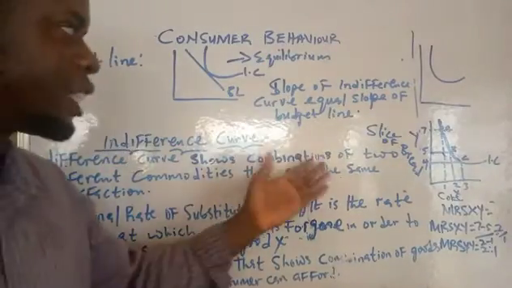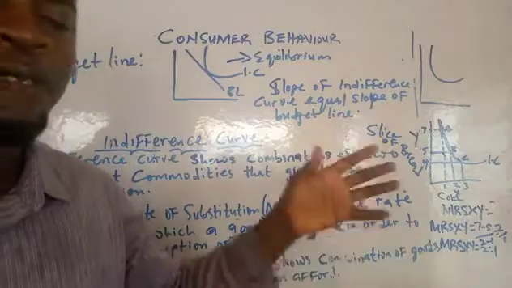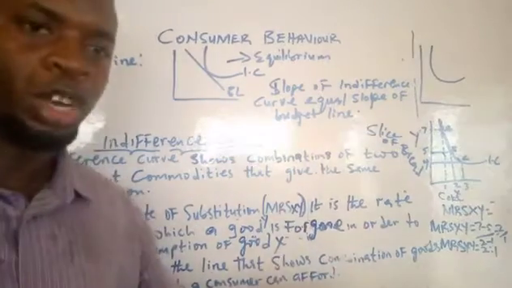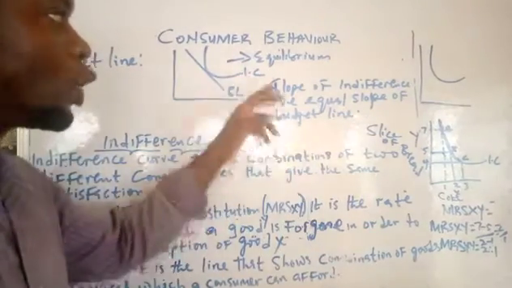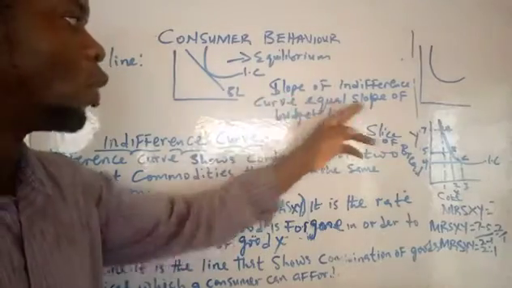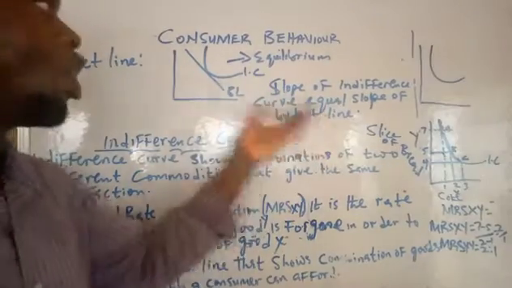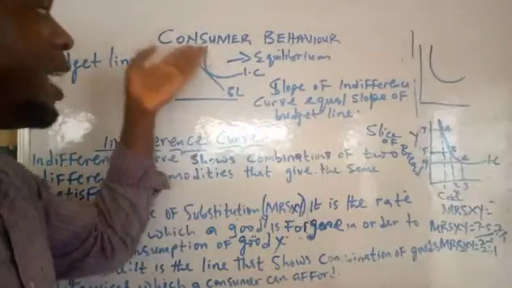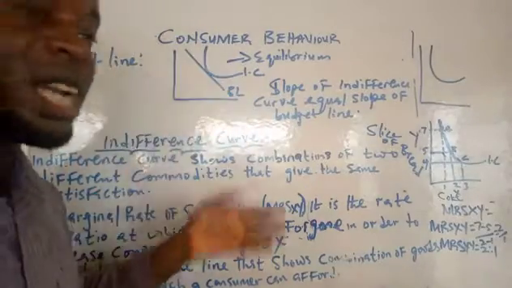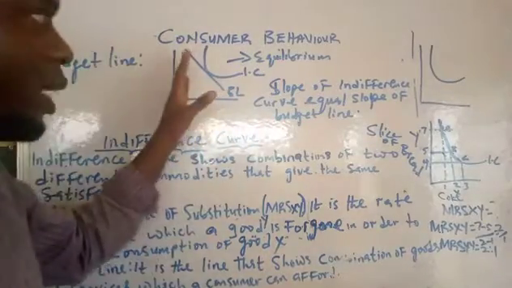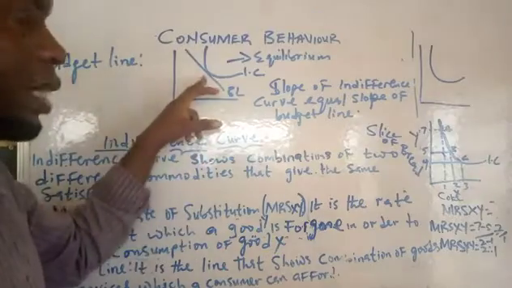So they can ask you that at what point does a consumer make its equilibrium? They can give you the option that where slope of indifference curve equals slope of budget line. If you see that one, it is correct. Or where you see that the indifference curve is tangential to the budget line. So this is the point where equilibrium is attained.